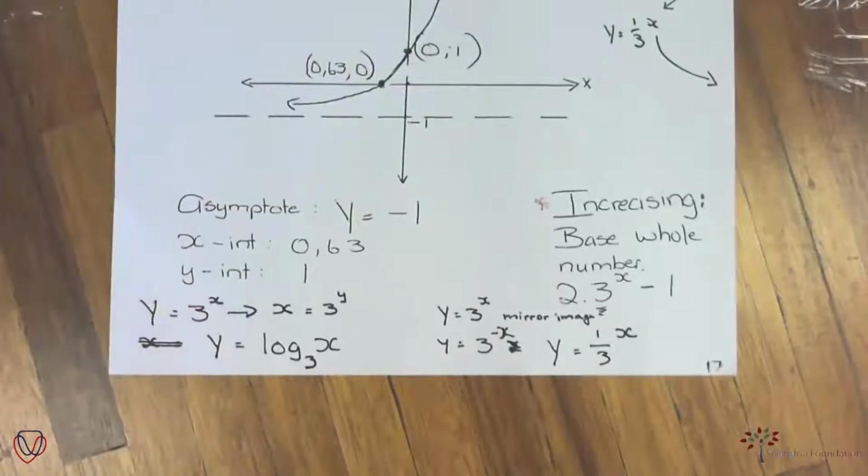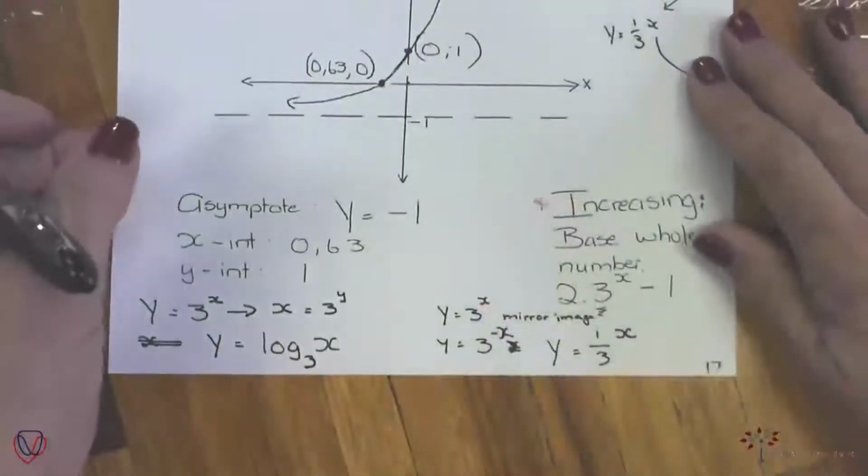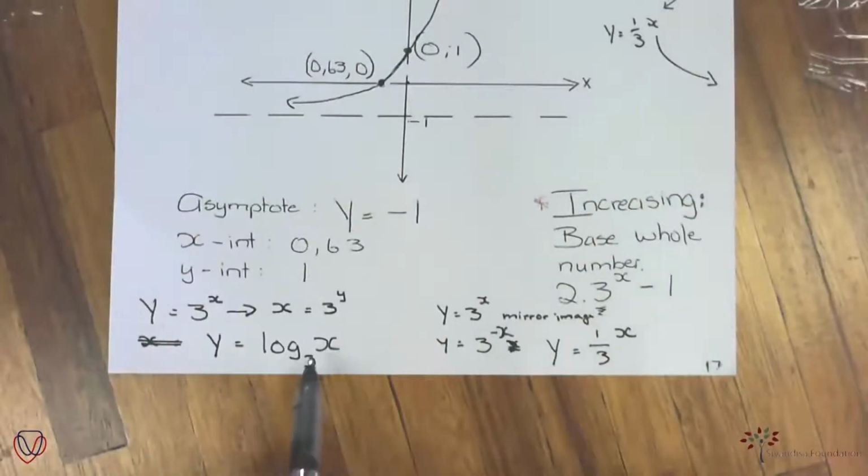I added this because it's not in one of these questions. Will you remember mirror image? It's only the signs: in the y-axis, the x changes, and in the x-axis, the y changes, okay? But inverse means you change x and y. You swap x and y, and then you rewrite it in log form so that you have a y there.